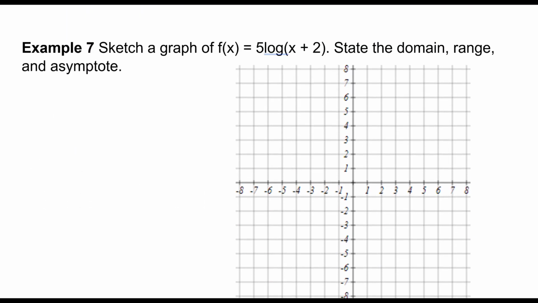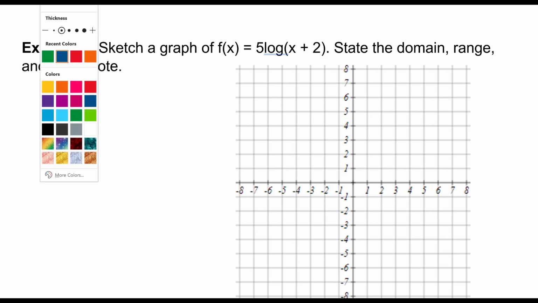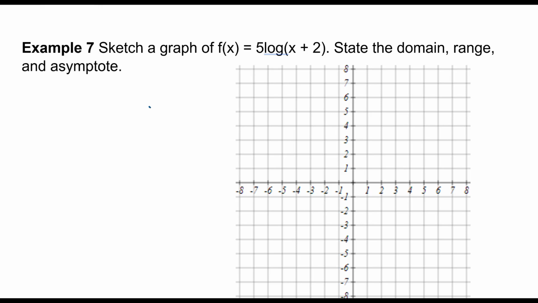Then we'll look at one: sketch the graph of f of x equals 5 times log of x plus 2. State the domain, the range, and the asymptote. If we do this in some steps, we first look at just g of x equals log of x. This is the common log, so it's log base 10. It's going to go through 1, 0.